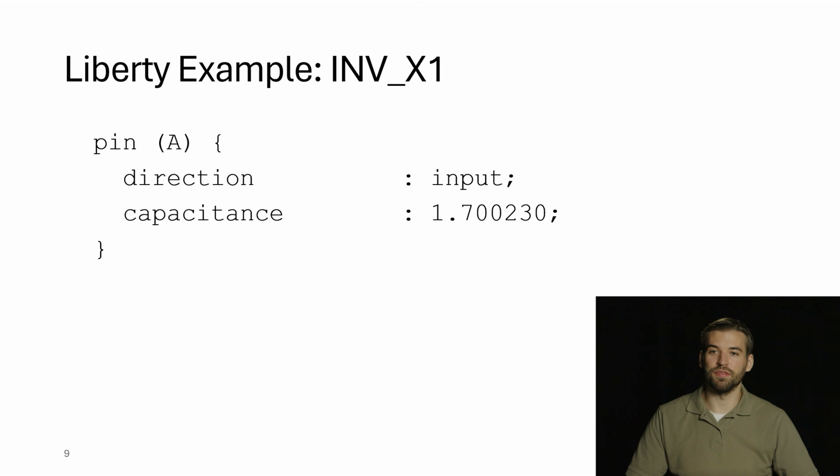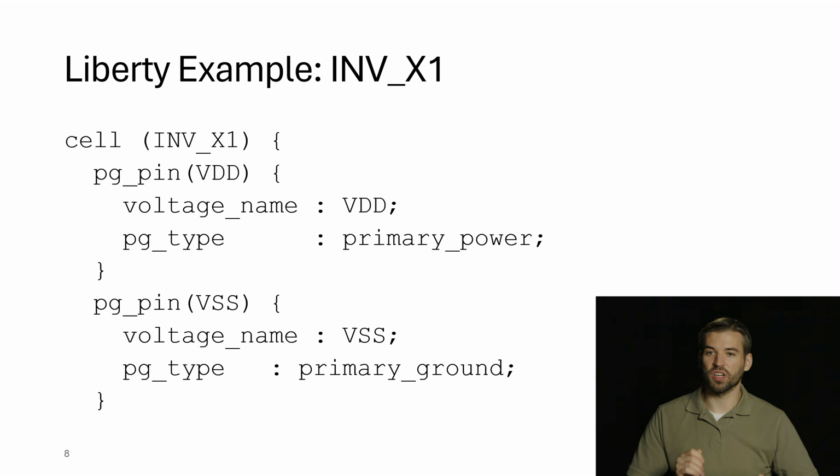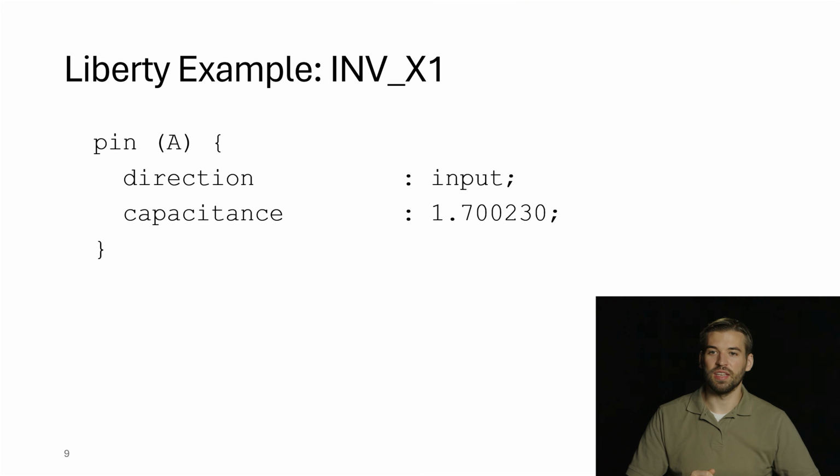Next up, we have the pins that are inside of the cell. So those are Liberty terms. In our OpenDB terms, these actually map to the terminals that we just talked about. In this case, we before talked about the power terminals. Now we're talking about the signal terminals. So these are going to be your normal inputs and outputs for your gate that you consider when you're looking at a logical view.